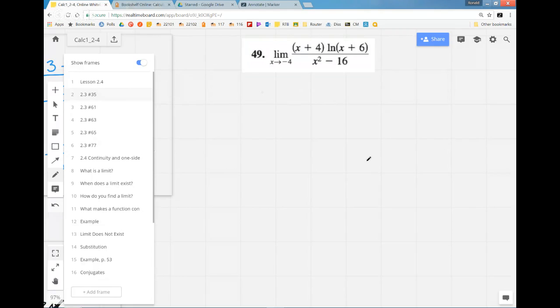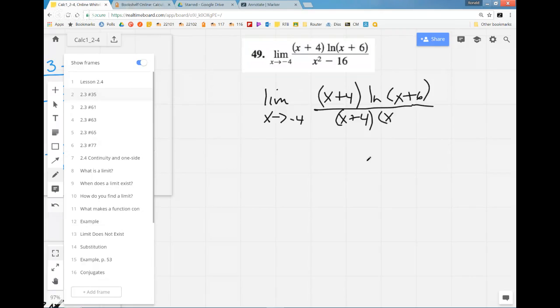Well, let's factor the denominator. You all remember you can factor the difference of two squares as conjugates. And now we can do this.